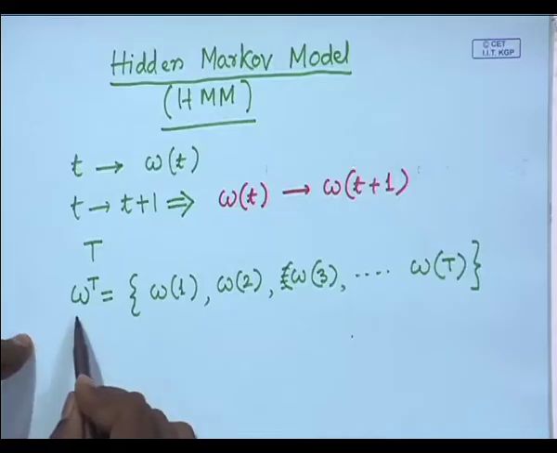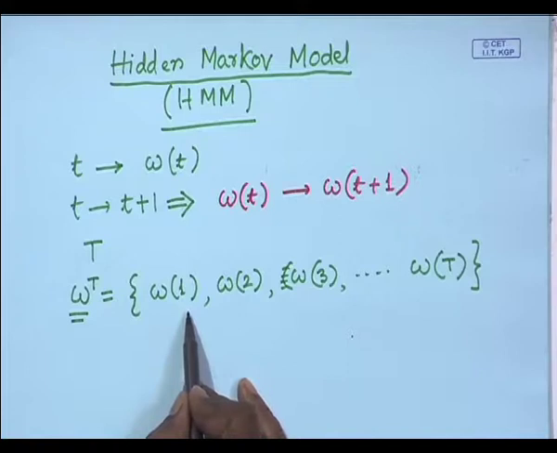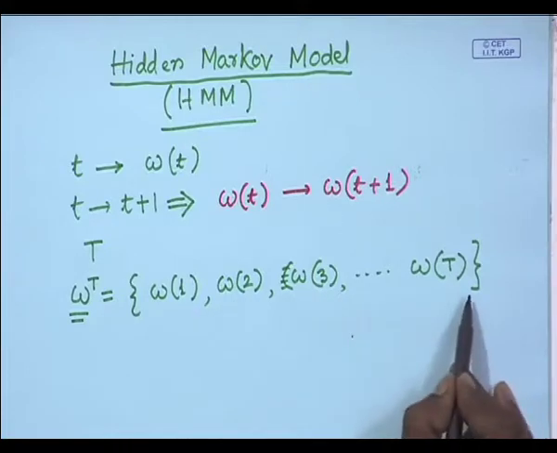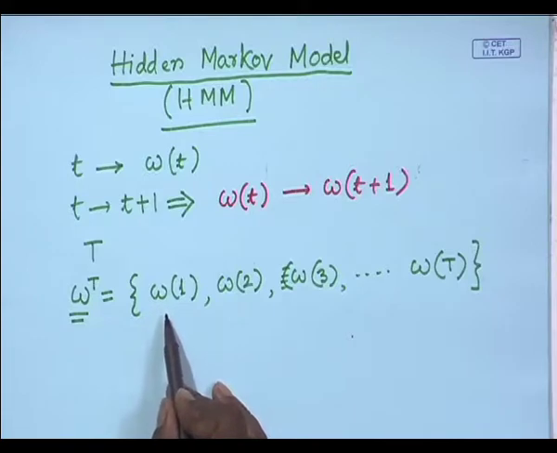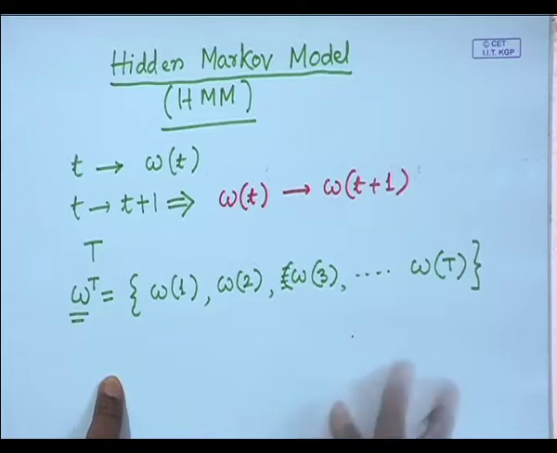So, this way over a total duration of capital T, the machine moves from one state to another, and the sequence of states through which the machine moves is represented by omega T. It is the sequence of capital T number of states: omega 1, omega 2, omega 3 up to omega T. This is the state in which the machine was at time step 1, this is the state in which it was at time step 2, and so on. So, I have a total of capital T states.